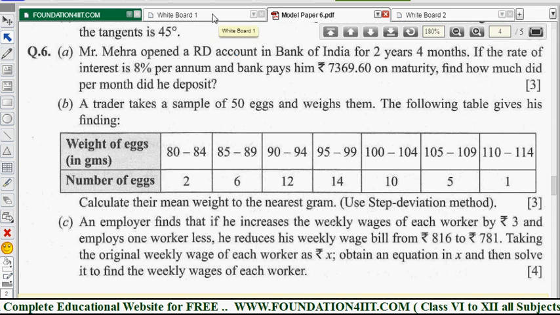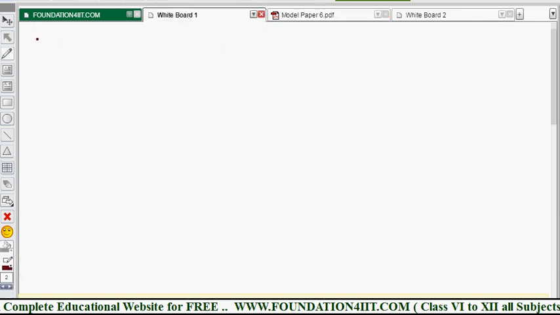So let's take the given data and we'll find out the monthly installment. So let the monthly installment be P. You can take any letter. Monthly installment, so we need to find out, that is rupees P. Then time is given.